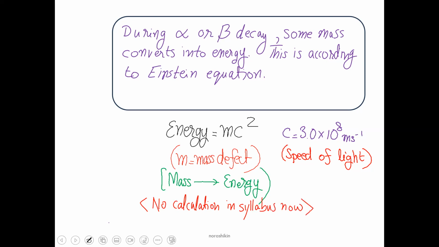No calculation in the syllabus now. So this formula is only symbolic. Examiners do not give calculations on this.